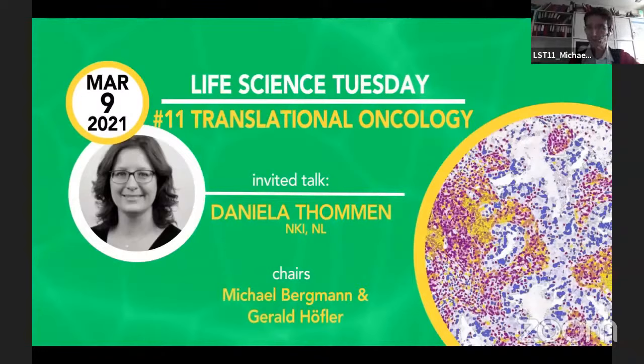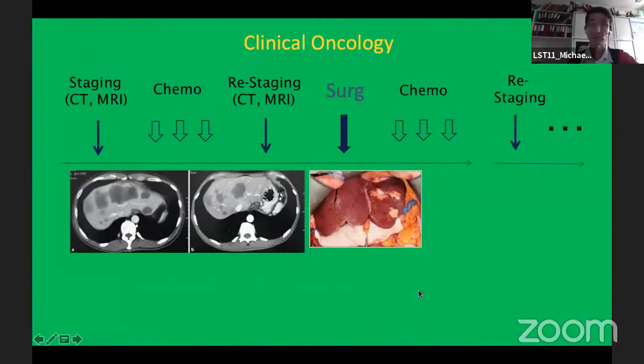Wait a minute, how do I go on with the slides? Oh, okay. So let me introduce the field of translational oncology. Clinical oncology is basically that there is a tumor which we might treat with chemo. The tumor gets smaller, we might do chemo, and then again there is some disease-free and overall survival.